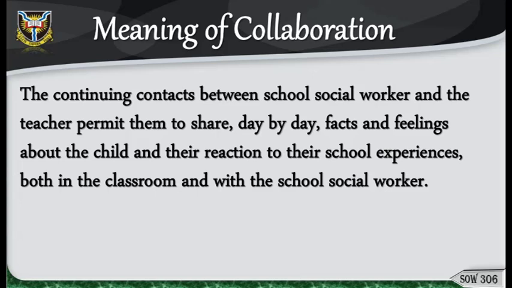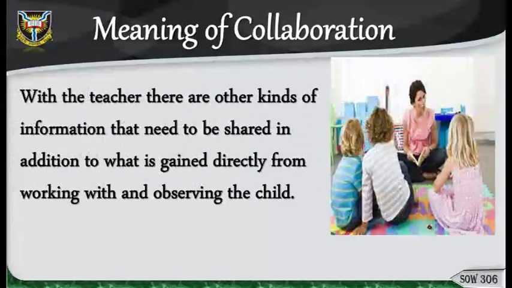The teacher then often experiences satisfaction in working with a person who can help them to better understand and work with a difficult child. In this collaborative work with the teacher, there are other kinds of information that need to be shared in addition to what is gained directly from observing the child. The school social worker may have acquired facts and impressions of the parents from home visits and from contact with other agencies and resources.